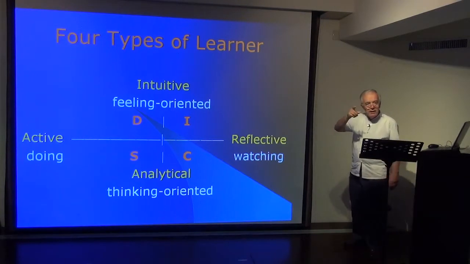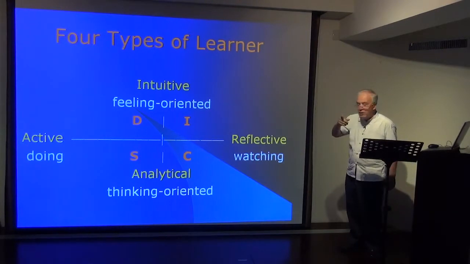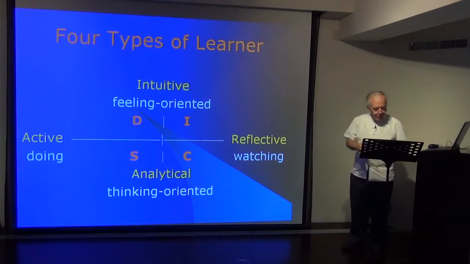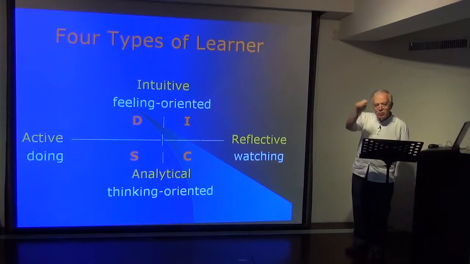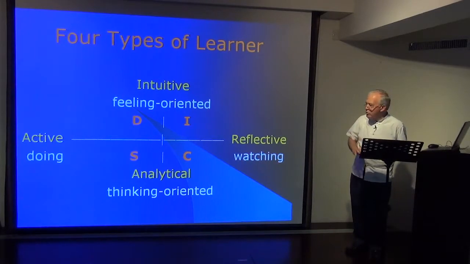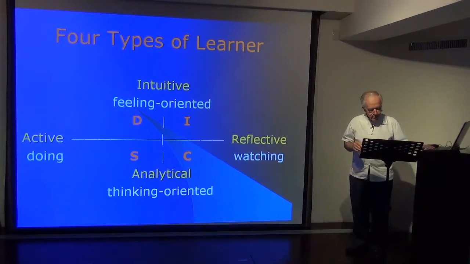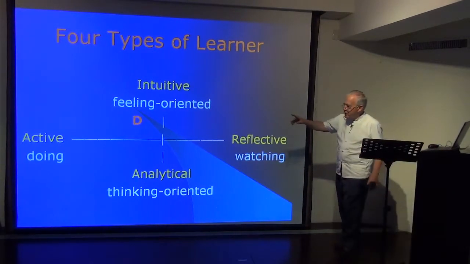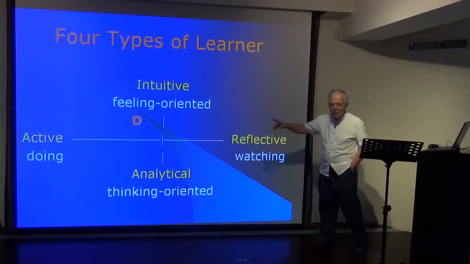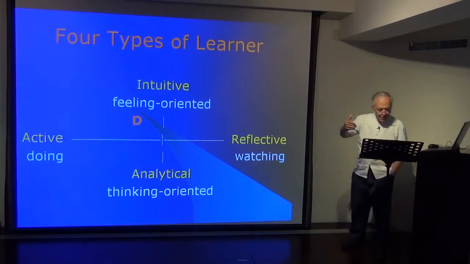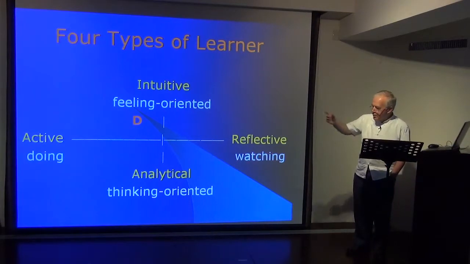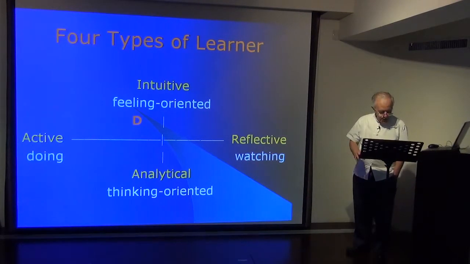And I want you to get out that questionnaire that had 24 questions on it, and you should have put a ring round those that you said, oh yes, that's me, that's me. So let's look at them one by one. Let's first look at the high D. Look at your piece of paper, and I'm going to call out some numbers that are relevant to the high D. Are you ready?